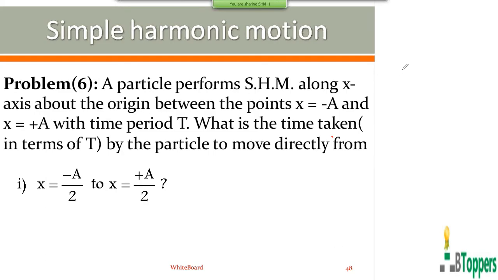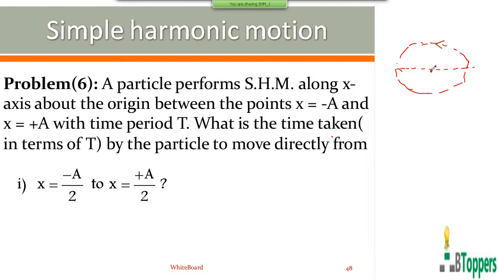If you consider the particle moving in a circular path with uniform angular speed omega and time period of revolution equal to capital T, then the simple harmonic motion can be considered the projection of the particle in uniform circular motion, with the same time period, on one of the diameters of the circle.